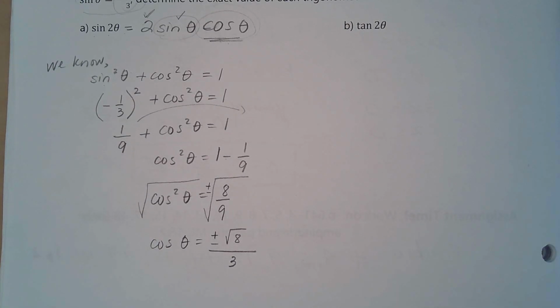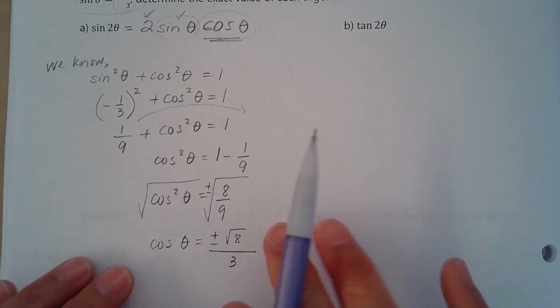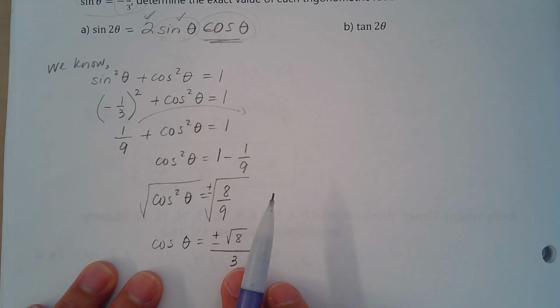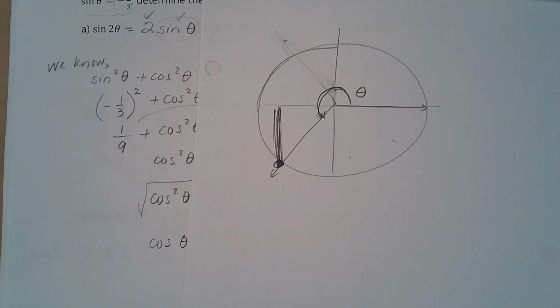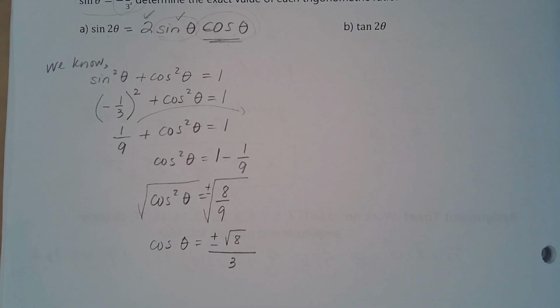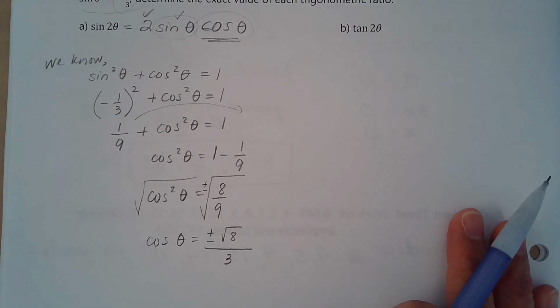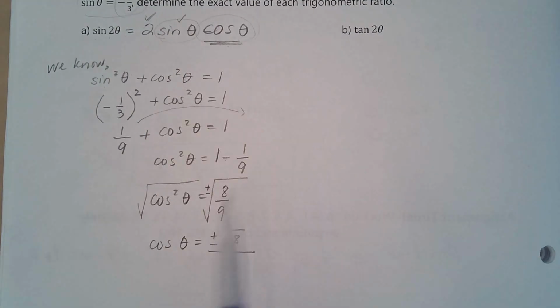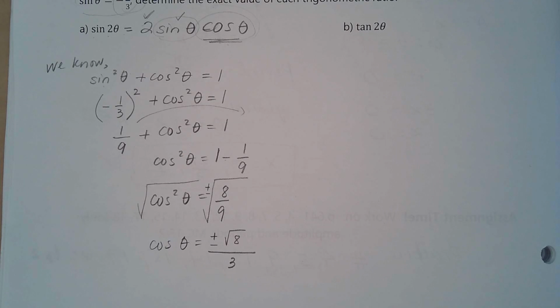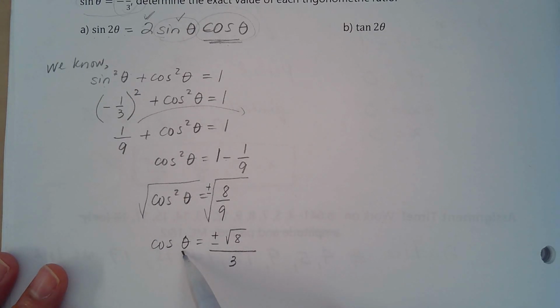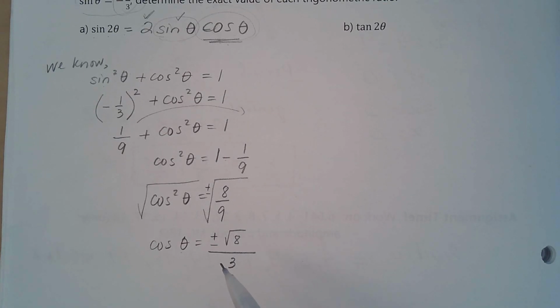Okay. Now, although we know what this is, let's see what the question is. It says this angle theta is in quadrant 3. So if theta is in quadrant 3, we're going to take the cos that's negative only, right?